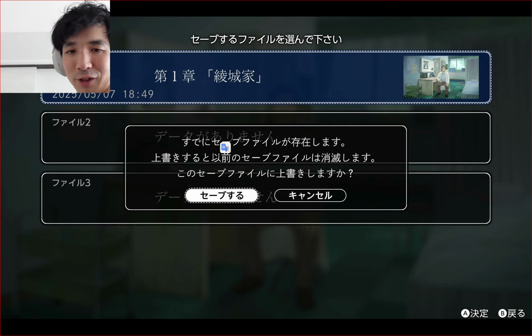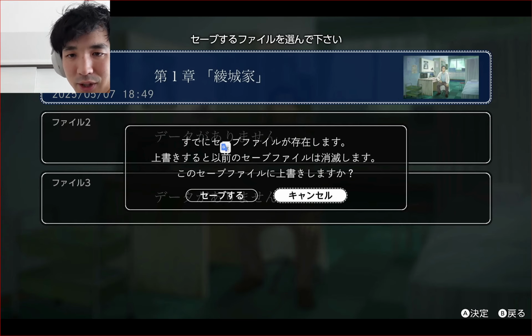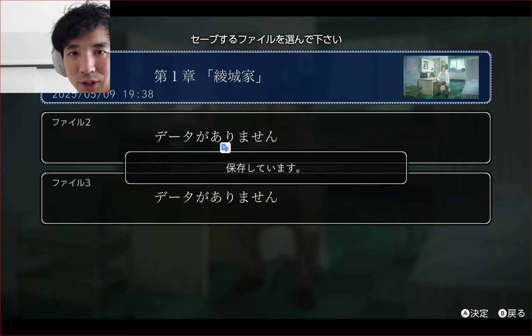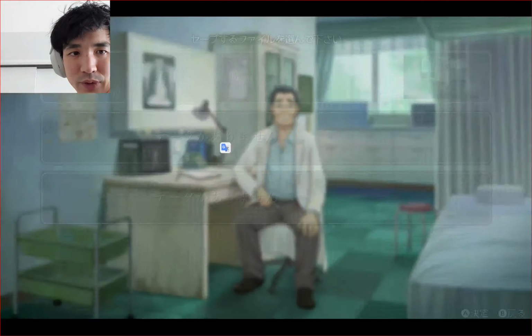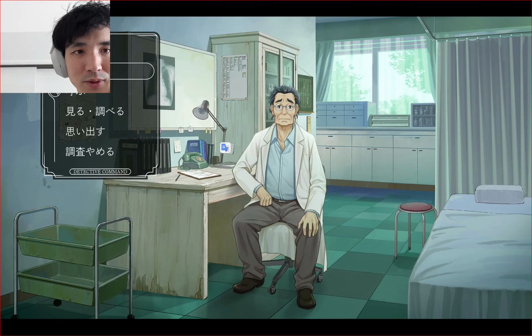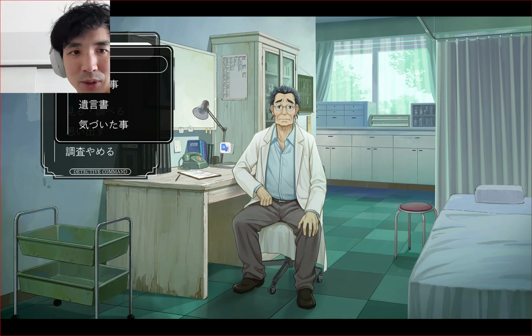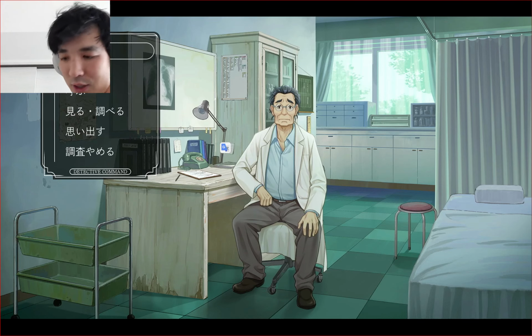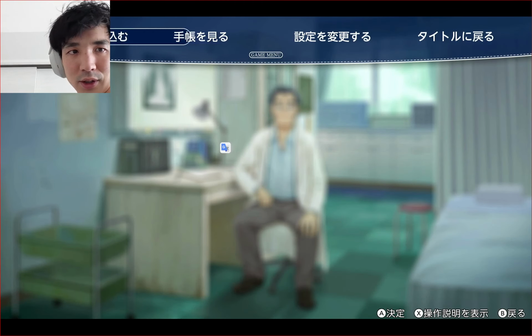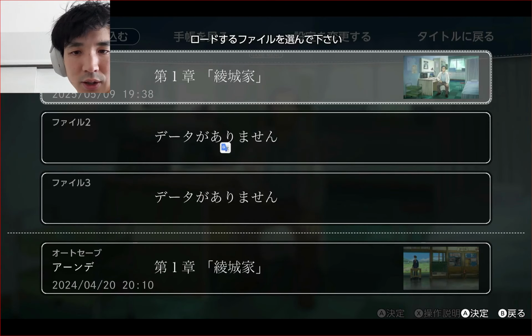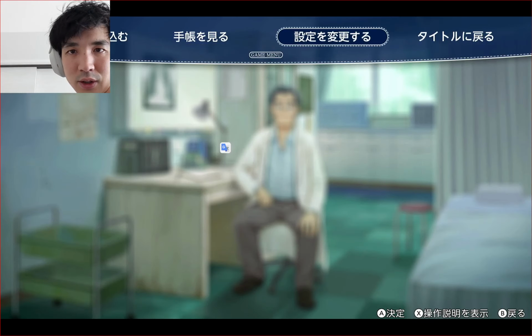This is like for N5 grammar. Save suru. Canceru. Okay, let's save. Save suru. We saved. I'm not even sure what to do in this place. Sometimes in this game, you just gotta go to the screen, you gotta check your notes, you gotta look at your data files.